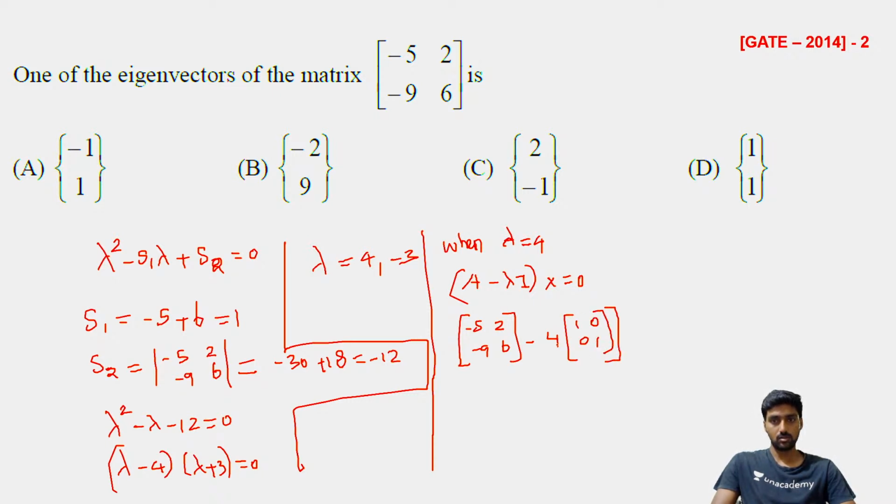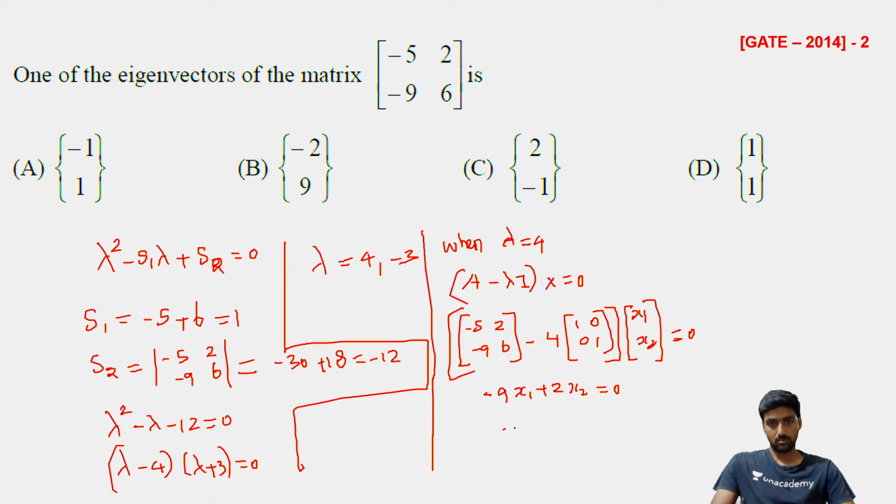1, 0, 0, 1 into x1, x2, it's equal to 0. Now minus 9, minus 4, so minus 9 x1 plus 2 x2 is equal to 0.